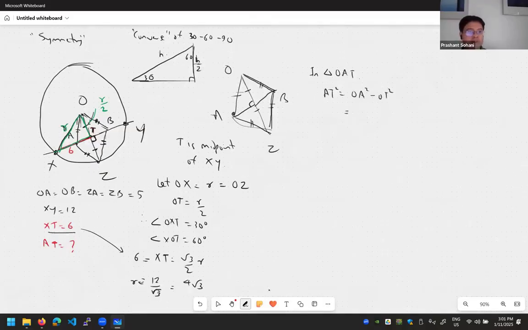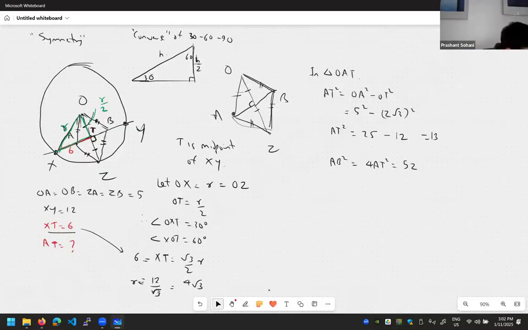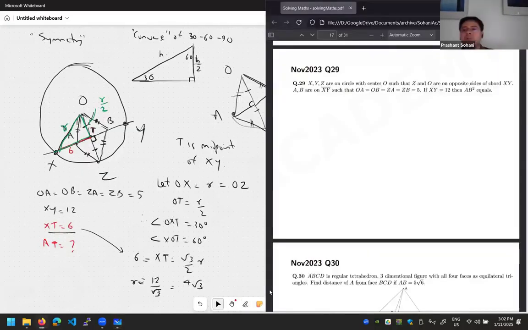OA is given as 5 and OT is simply R by 2. So AT square is 13. And what are we supposed to find? AB square, which is simply 4 times AT square. Yes, the answer is 52.